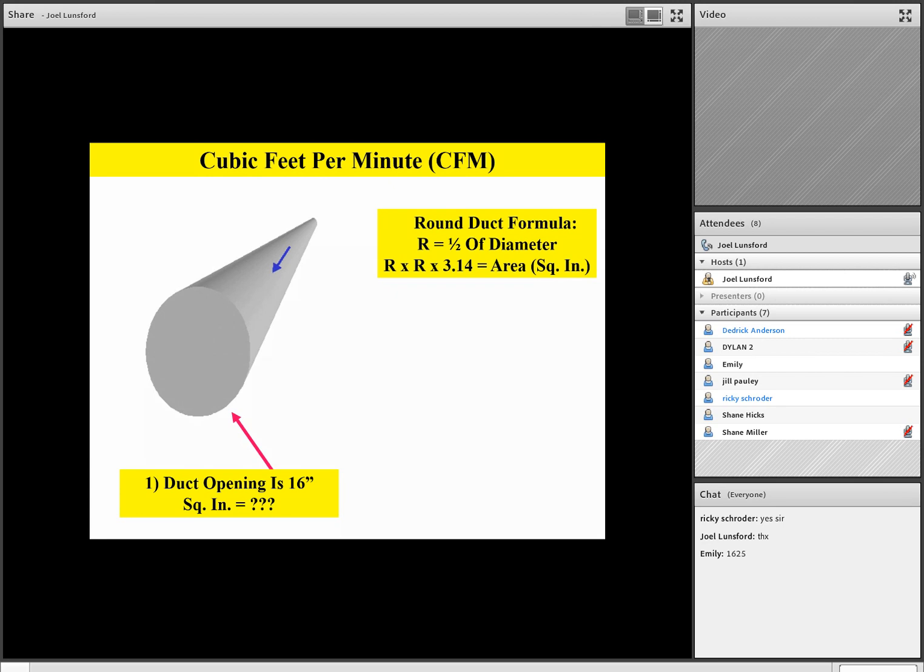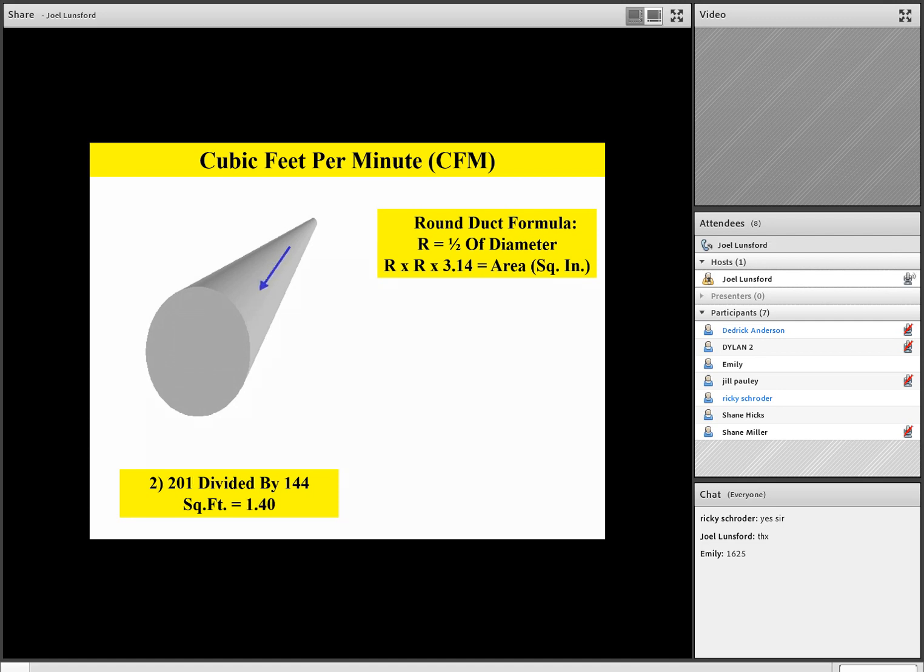Now remember, team, we always want to get to square feet. So we take that 201 and divide by 144 to get to square feet. If you'll go to your calculator, please, and do that for me. 201 divided by 144 is equal to about 1.4 square feet.